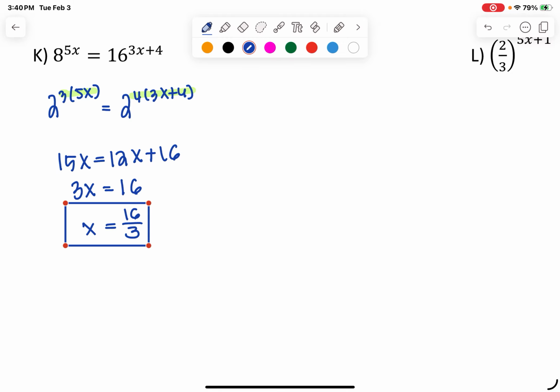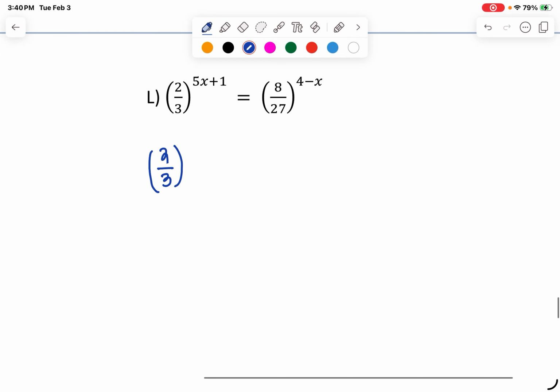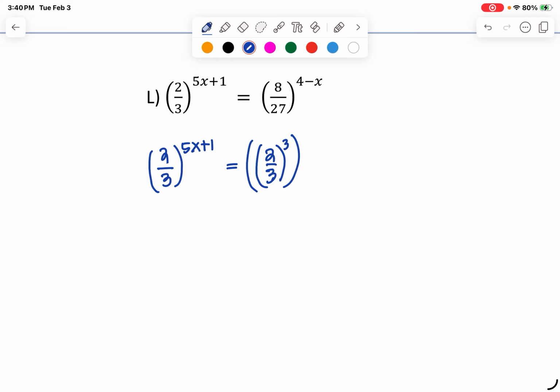Okay. Last one, 2/3 and 8/27. So we can rewrite them both with the numerators as 2s, the denominators as 3s. So we'll leave this as 2/3 to the 5x plus 1. This is 2/3 cubed: 2 cubed is 8, 3 cubed is 27, and then we have to the 4 minus x.